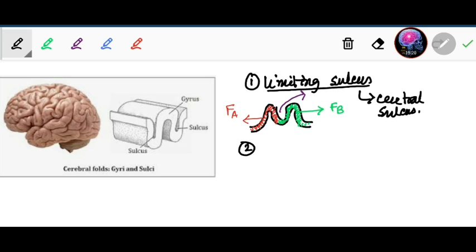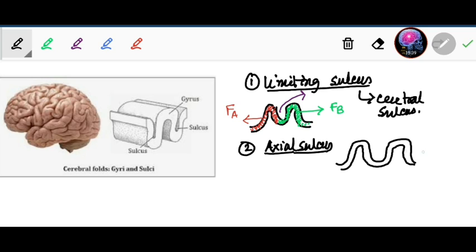Next in line is the axial sulcus. What is an axial sulcus? Again, you draw the sulcus and its flanking gyri like this. This is the sulcus. In case of axial sulcus, a particular functional area grows alongside the sulcus. That means on both sides of the sulcus there will be the same functional area.